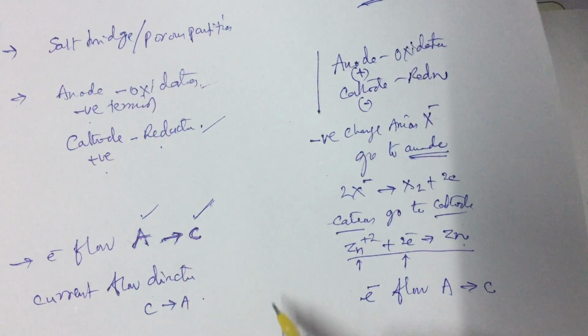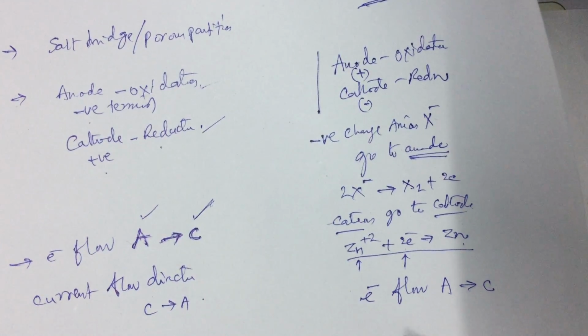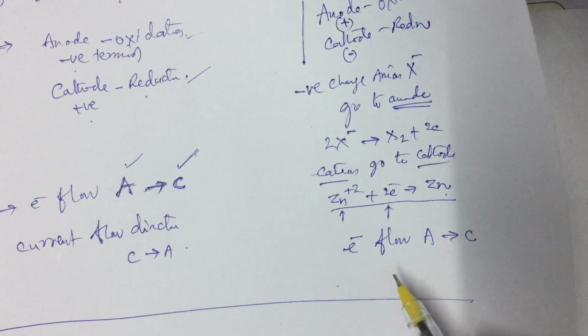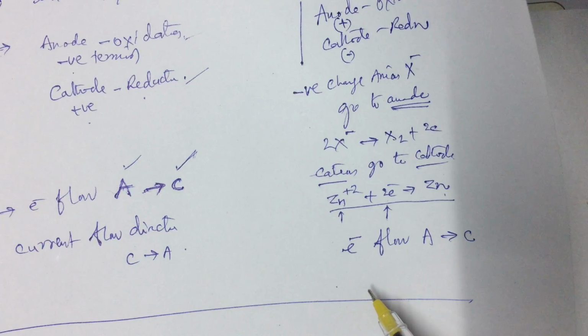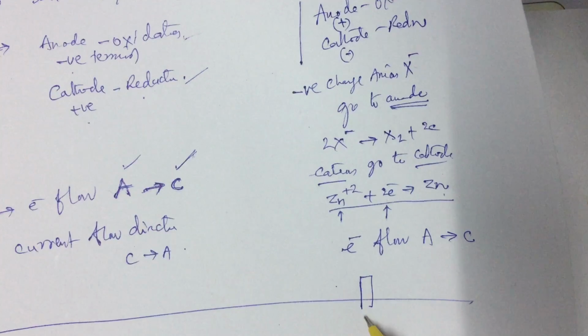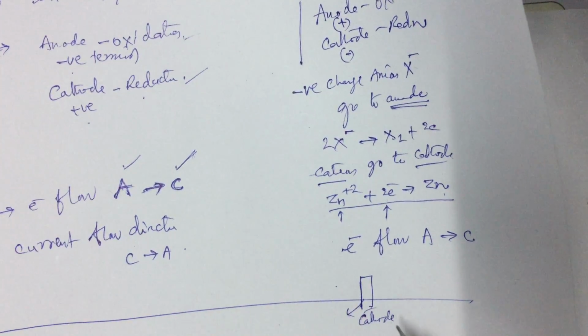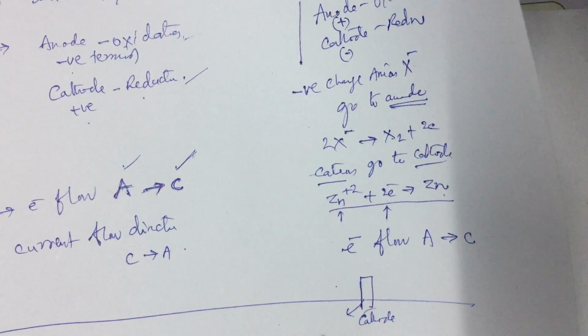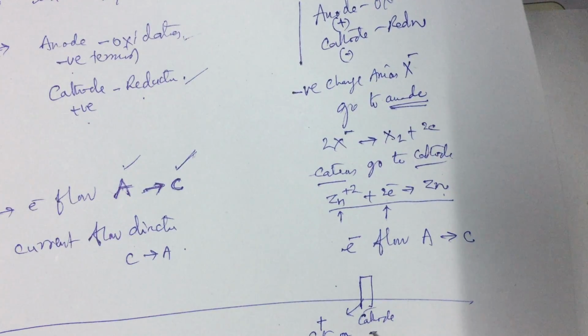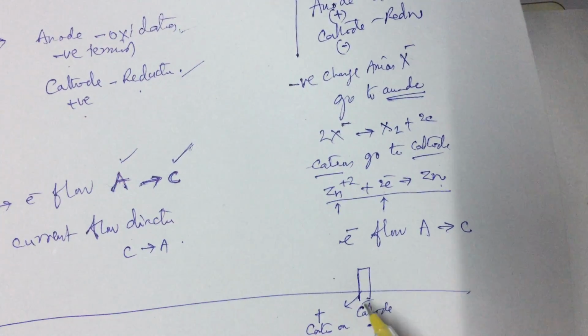And in the electrolytic cell, electrons are entering at the cathode. Electrons enter into the electrolyte. Cations go to the cathode. And cations have positive charge, the cathode has negative charge in an electrolytic cell.